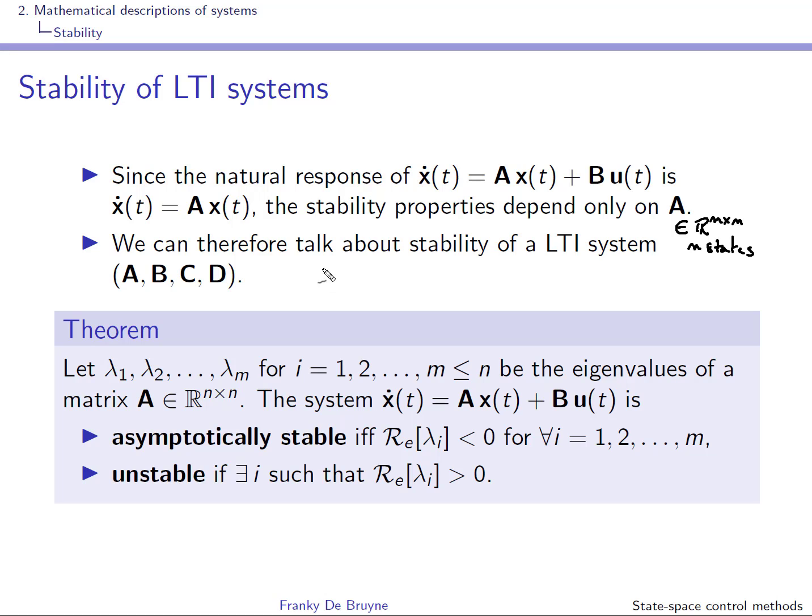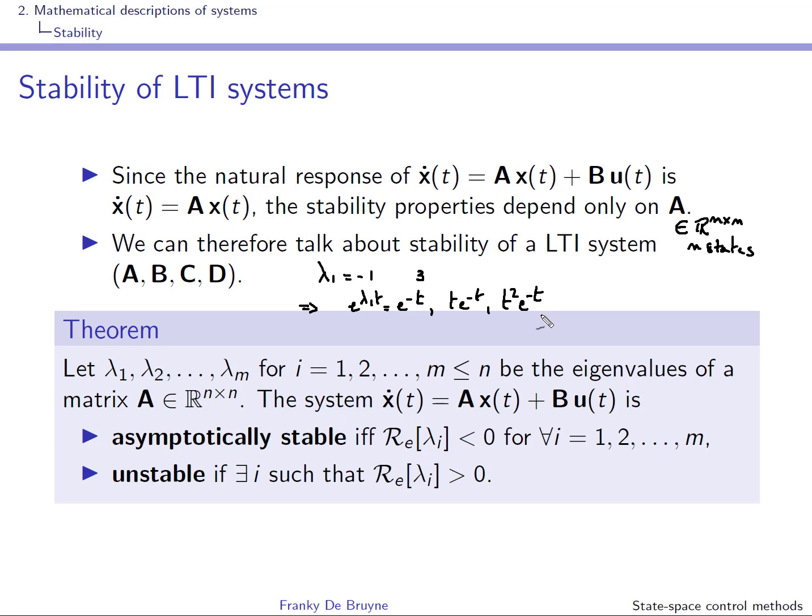Let's say, for instance, that lambda 1 is equal to -1 and that it has an algebraic multiplicity of 3. So this means that -1 is an eigenvalue 3 times, and in this case we'll have a mode e to the lambda t, which is e to the minus t, right?